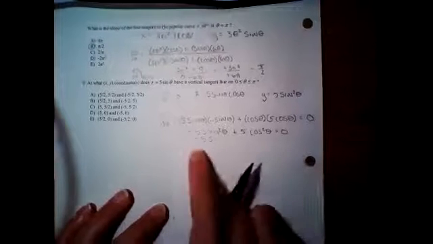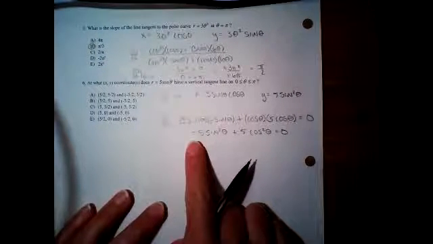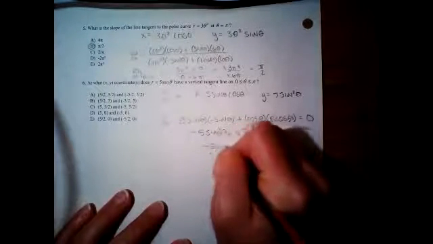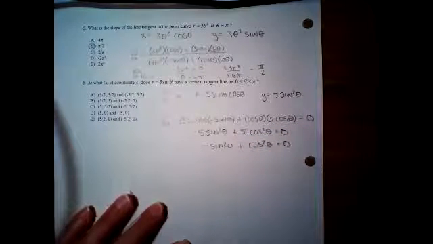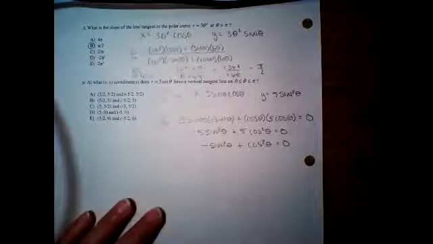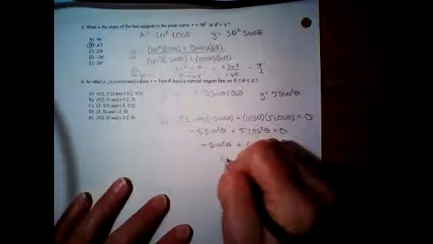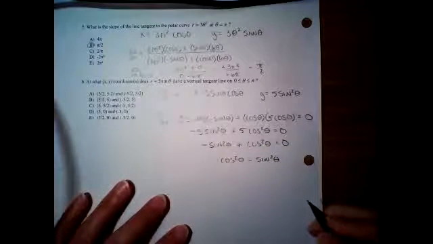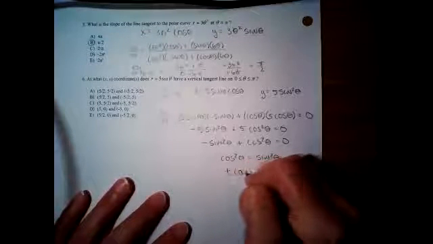And you can divide everything through by 5. And so we'll end up with negative sine squared of theta plus cosine squared of theta equals 0. 0 divided by anything is just going to be 0. And so I'm going to add this sine squared to the other side. And then square root. So whenever you put the square root, you're going to have to put plus and minus.